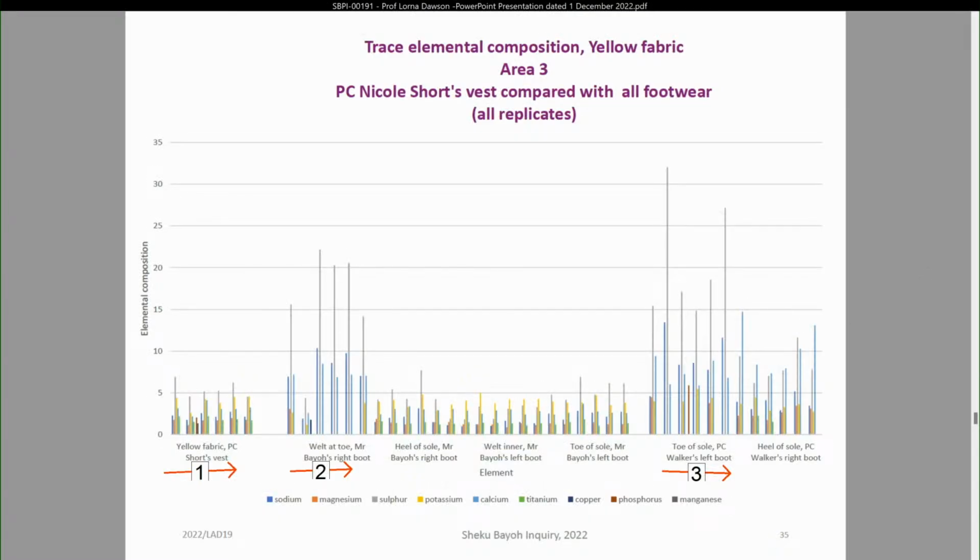Similarly, you can look at the toe of the sole of PC Walker's left boot, and again, you can exclude that as sharing a common origin with the soil from the yellow fabric, area 3, because these profiles are consistently different. If you look at the heel of the sole of PC Walker's right boot, again, that profile is different. I would conclude that it does not share a common origin with the soil from the yellow fabric, area 3.